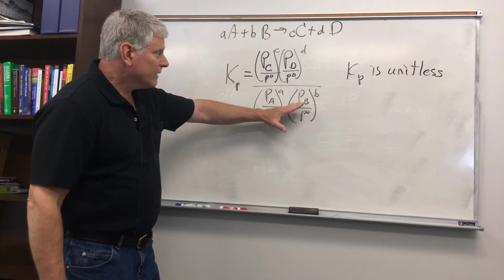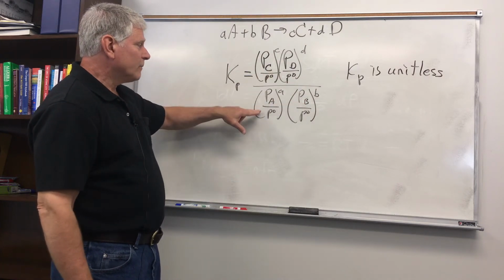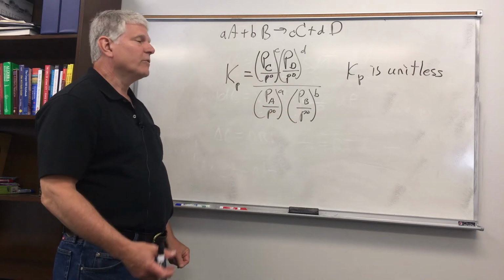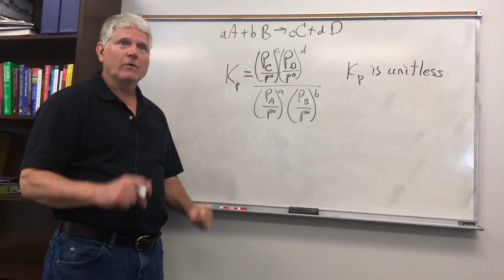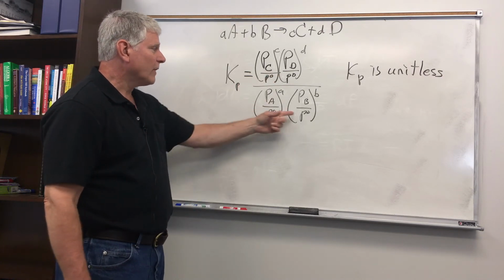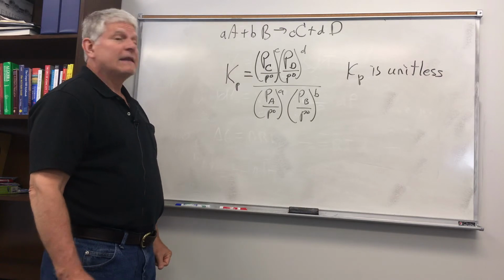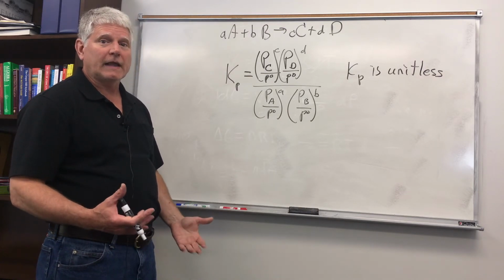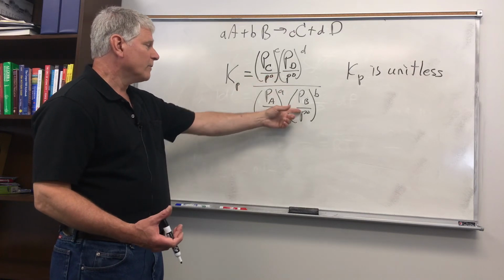And since it's unitless and dividing by the standard pressure 1 doesn't change anything numerically, I'm going to write it abbreviated, or an easier way to write it, and I'm going to leave out the standard pressures and just realize that all the units are going to cancel even though I don't have the standard pressures here.